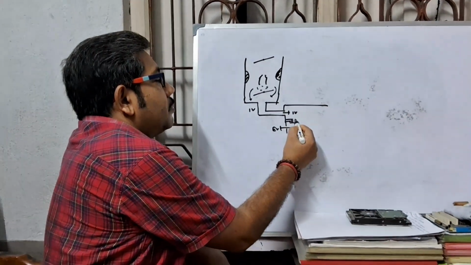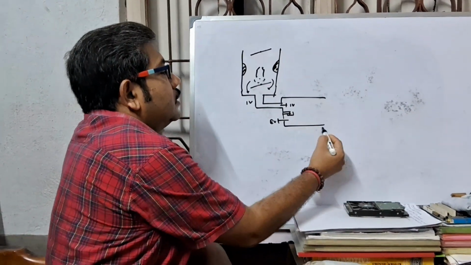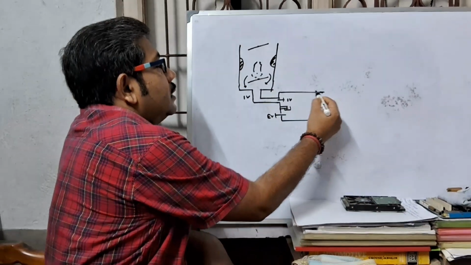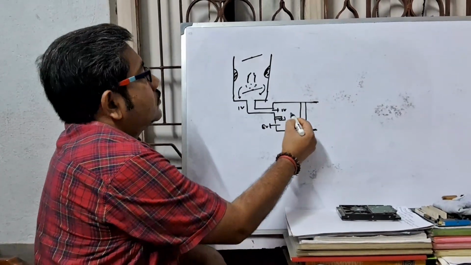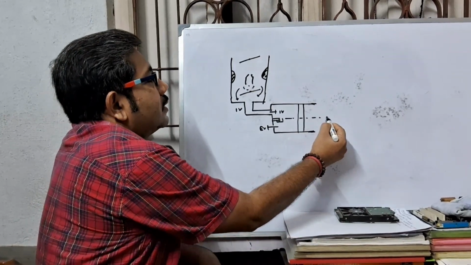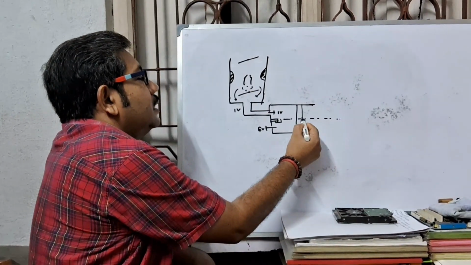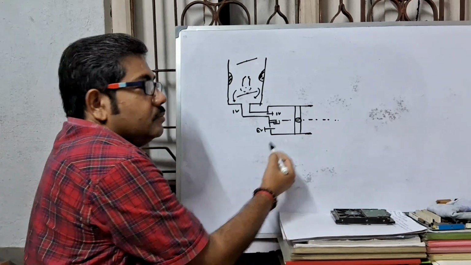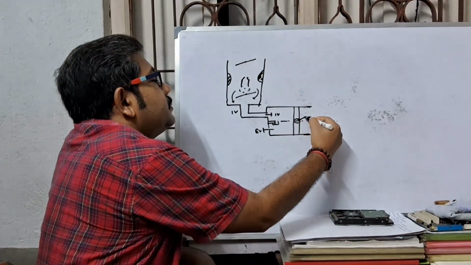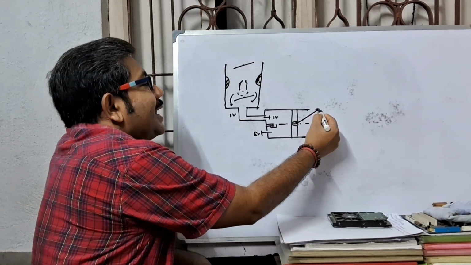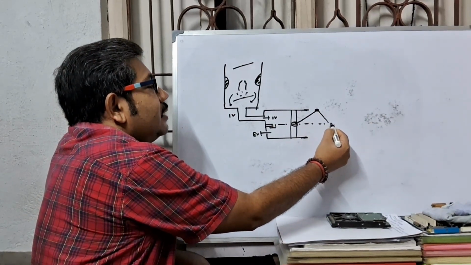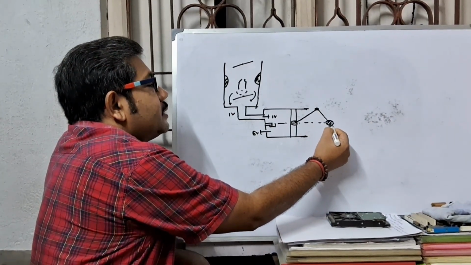And this is the spark plug. This is the piston, and this is the center line of the cylinder. This is the piston pin, and this is the piston rod. This is the crank pin, this is the crank, and this is the crankshaft.